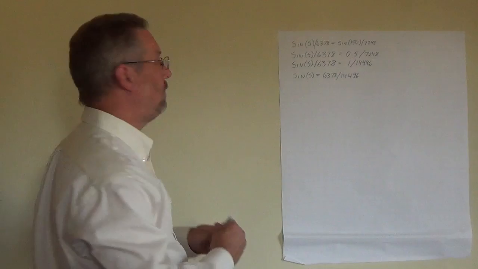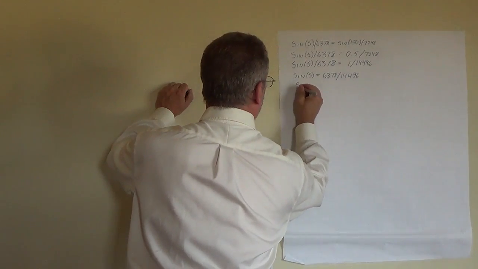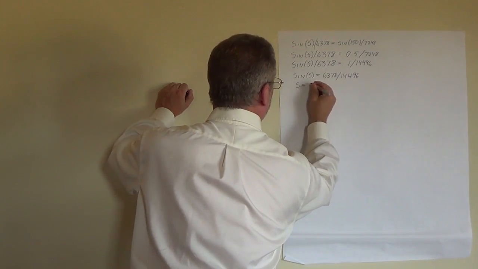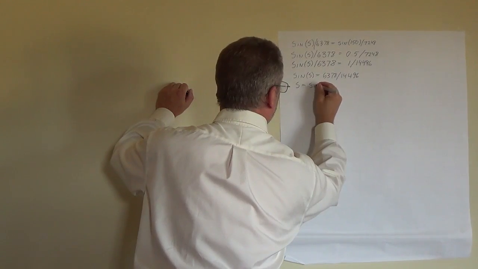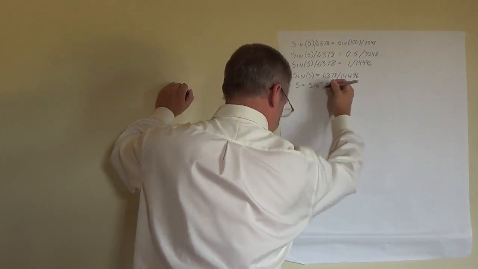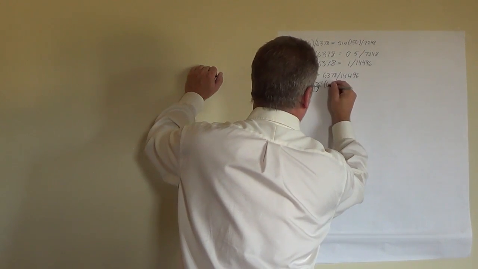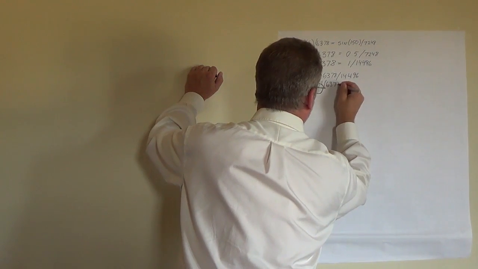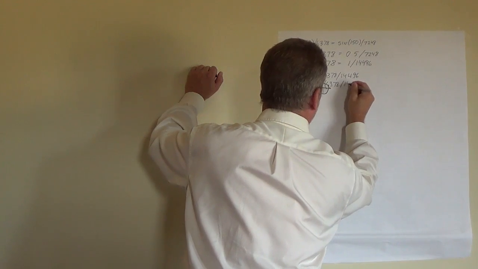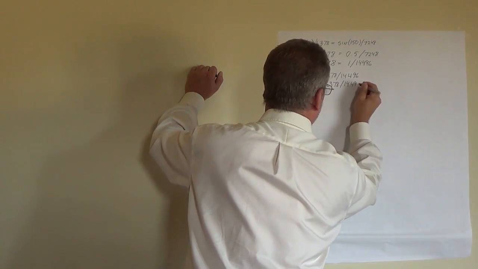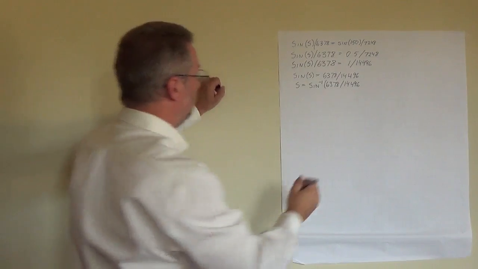So let me demonstrate. S equals the sine negative 1 of 6,378 over 14,496. Close parentheses.